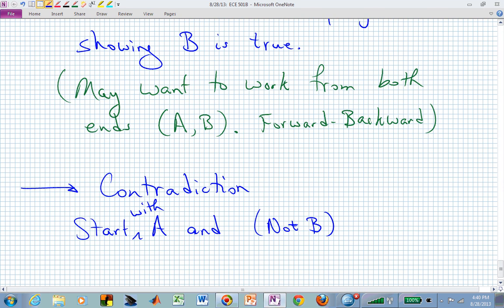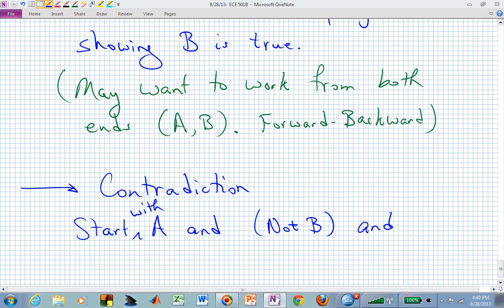We start with A and not B, and with those two statements, we progress to try to derive a contradiction. And if we can end up with a contradiction, then we know not B is actually false, and so we've now proven it to be true.